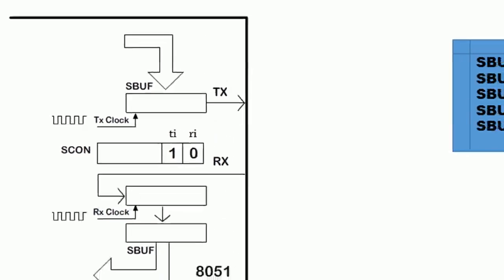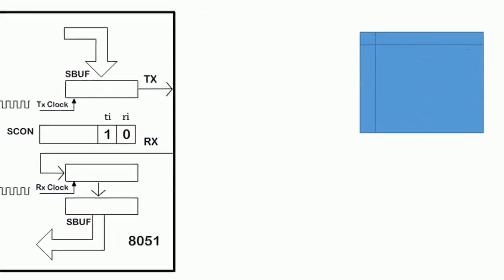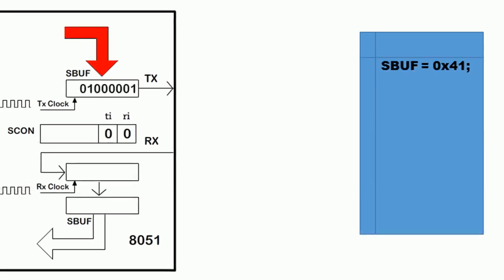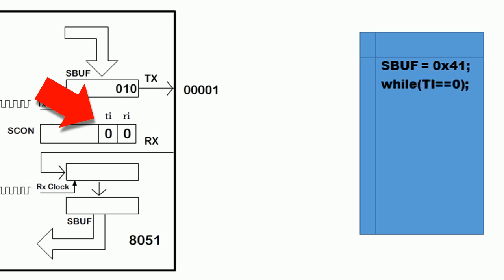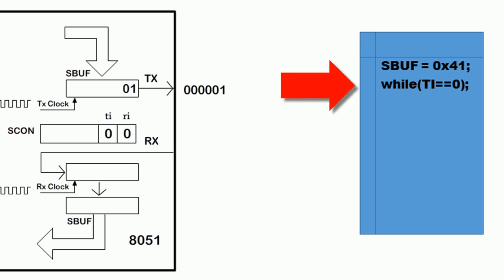This is how to properly send multiple data. After data is placed in the transmit SBUF, wait for the data to be completely sent by monitoring the transmit interrupt flag. While the flag is 0, the program runs in the empty while loop.